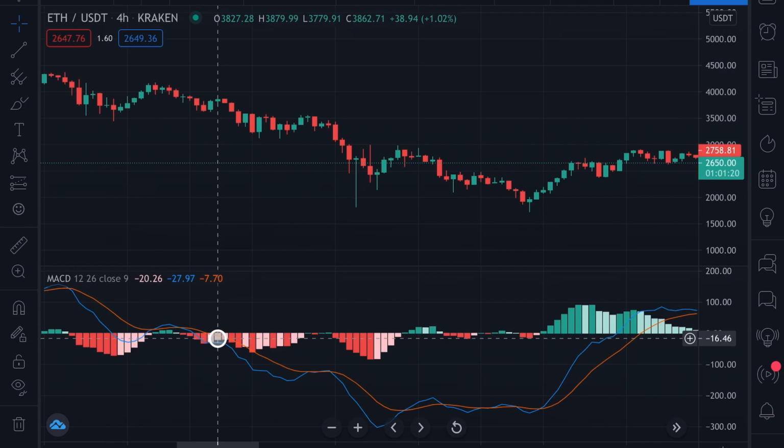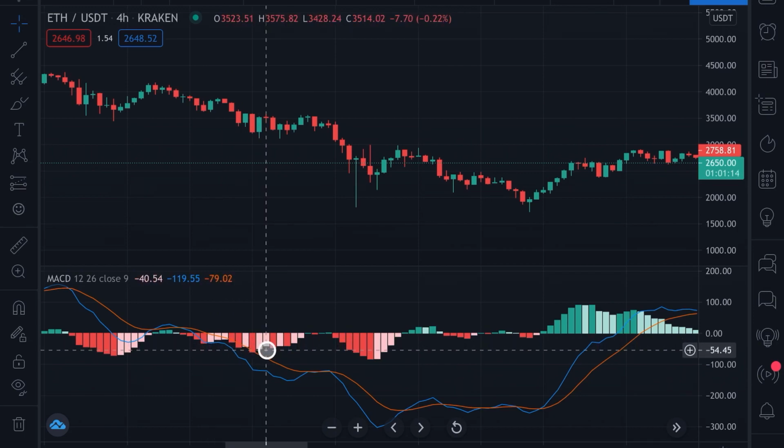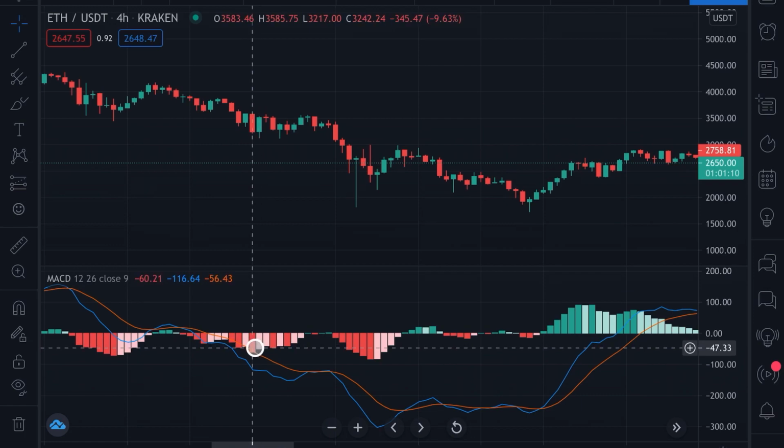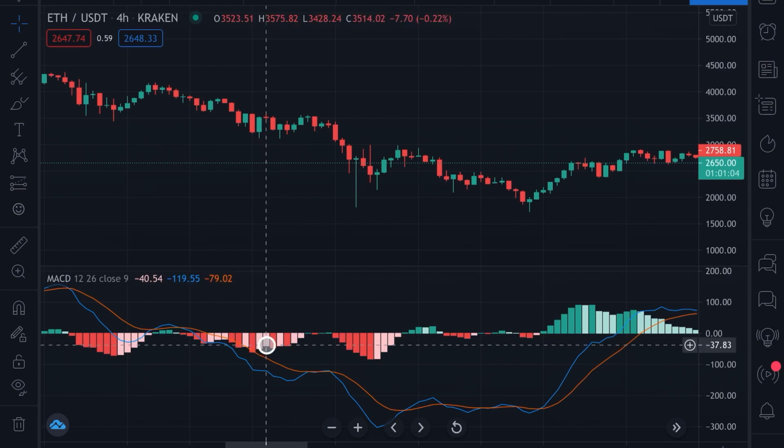You have a small period of uptrend here, and then it doesn't hit the middle of the histogram, so it continues its downtrend, which means the downtrend is still being reflected in the candlesticks. As you can see, this was a pullback candle. It loses volume, gains some more selling volume, loses selling volume.